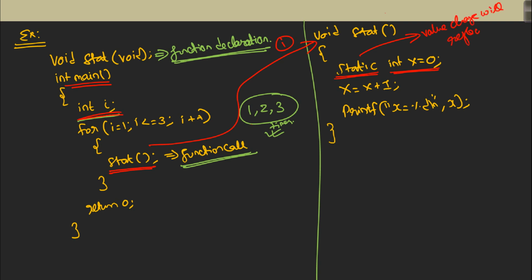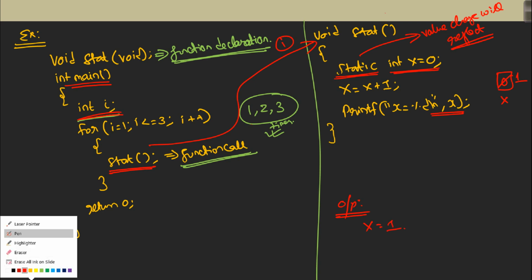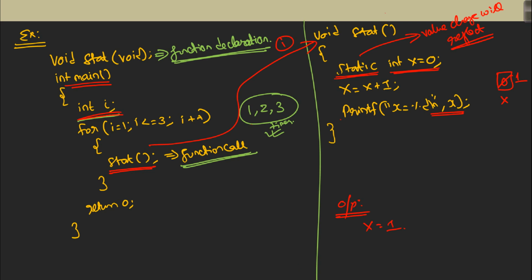That is the idea, right? So you are having x and the value will be 0, and then you are making x equal to x plus 1. So 0 plus 1, the x value will become 1 now, and you are printing the x. So the output you are going to get is x is equal to 1 first. Okay, and then you are going back. After this, you are going back to this particular thing. For the second time, you will be calling.